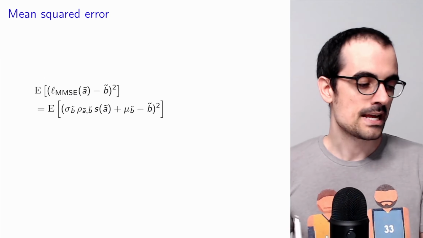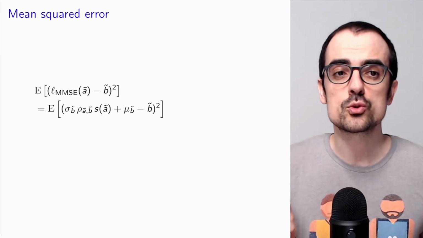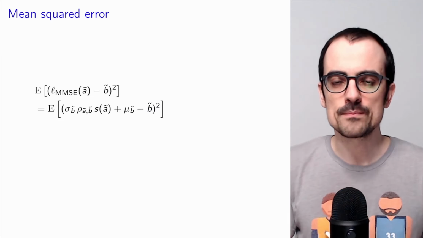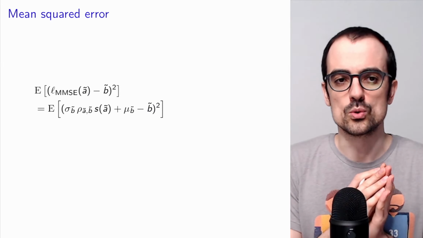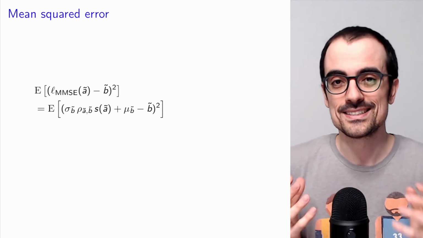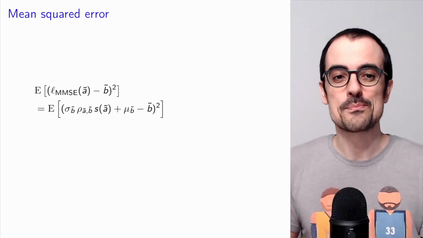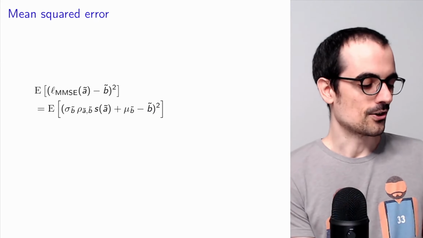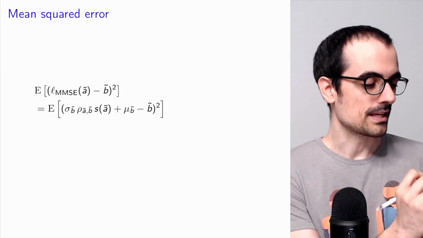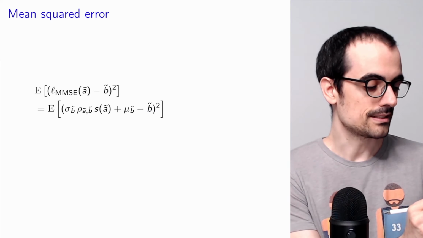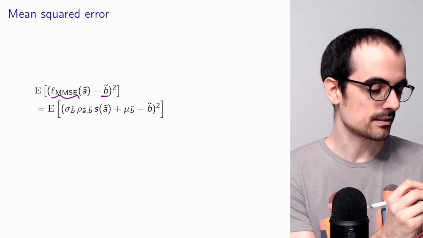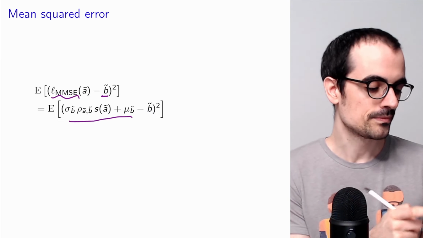All right, now we're going to study the mean squared error of the linear MMSE estimator. What we're going to see is that this is the key to prove those three properties that I mentioned before. So pay attention. When we look at the mean squared error, we're comparing the quantity we want to estimate, which is B, with its estimate, which we have seen can be written like that.